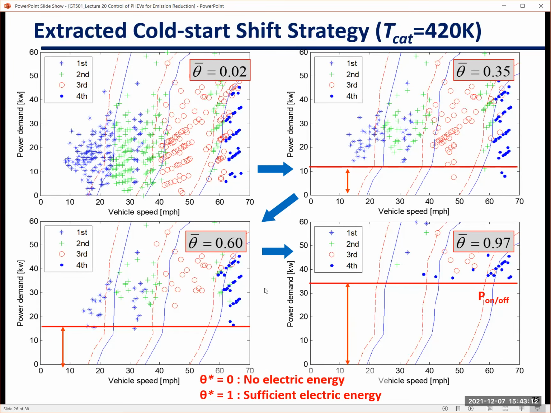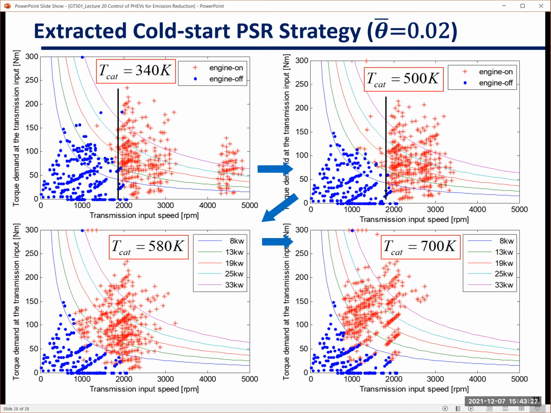We have time running out, so I'll have to move fast. So you do see some different strategy compared to hot strategy. Okay. In summary, it tries to keep the engine exhaust gas temperature higher, to maintain converter temperature hot.